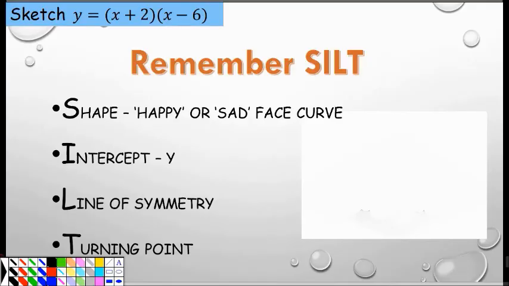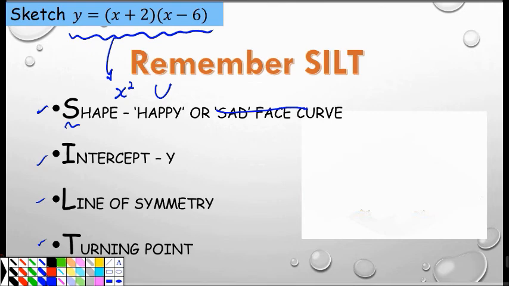Finally, to sketch a factorized form curve, we need to use the 4 steps. First, S means we look at the coefficient of x squared. So in this case, it happens to be x squared and we know it's a happy curve. Next, we want to find the x-intercept. And we found earlier on that the x-intercepts are negative 2, 0, and 6, 0.